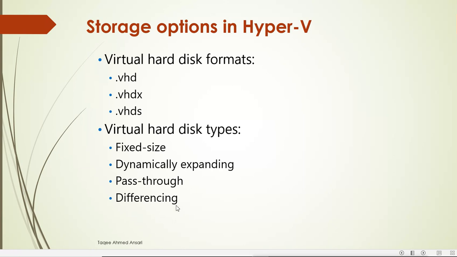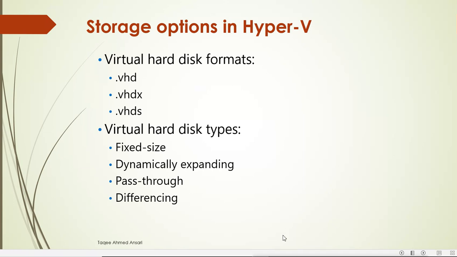Now in this differencing format, it will record the changes when we make changes. So changes will remain under the child and the parent will remain intact. Whatever changes we do will affect the child, but the parent disk will remain the same.